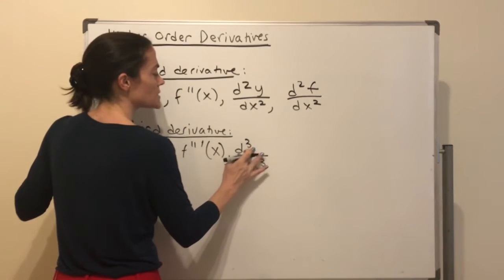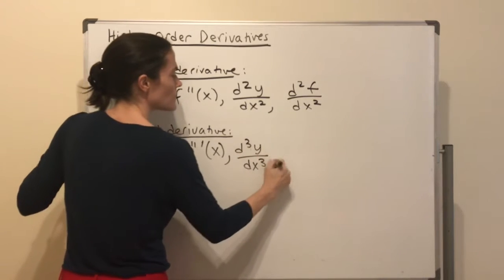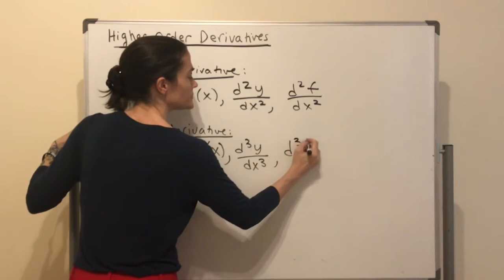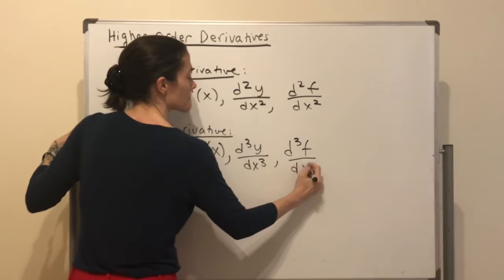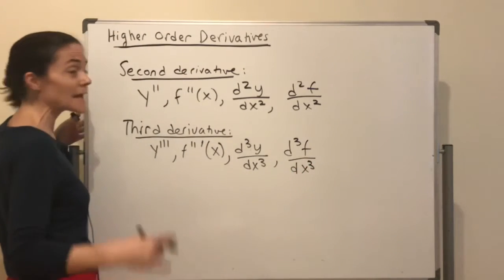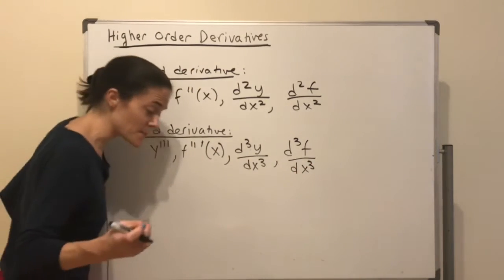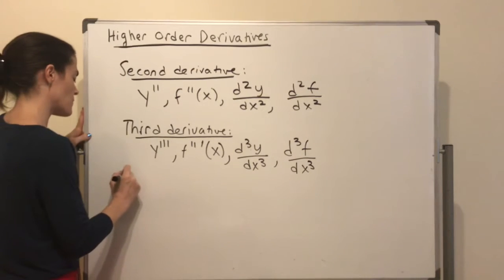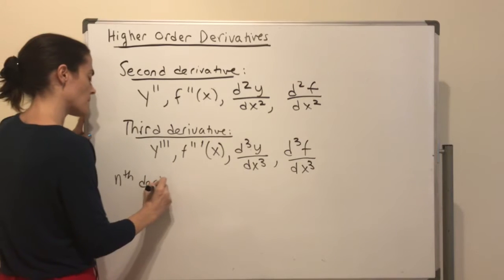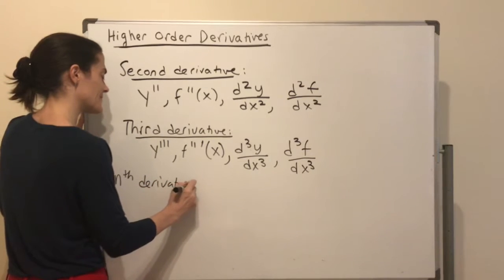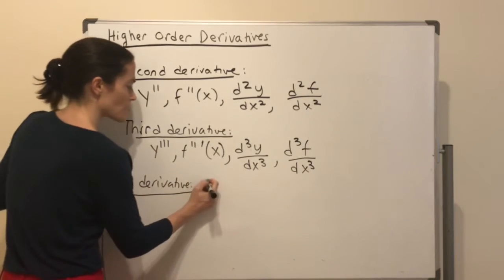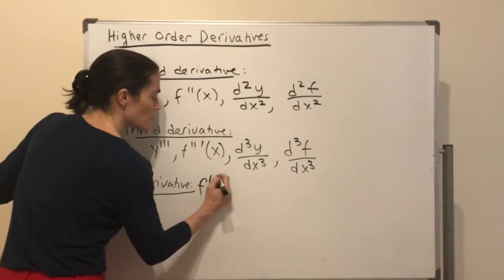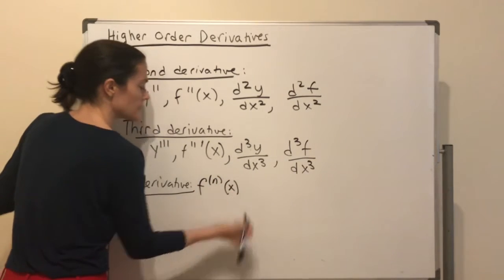Let me match it with above, or like this. And you can keep going. You can keep differentiating. Generally, the nth derivative, maybe I will just write one of the notations. People will often write a parenthesis like this.